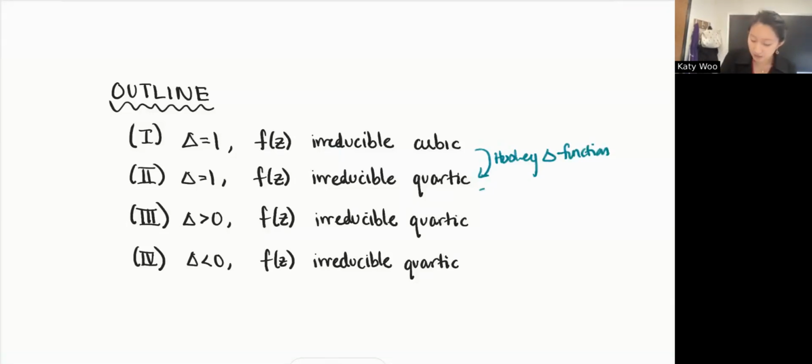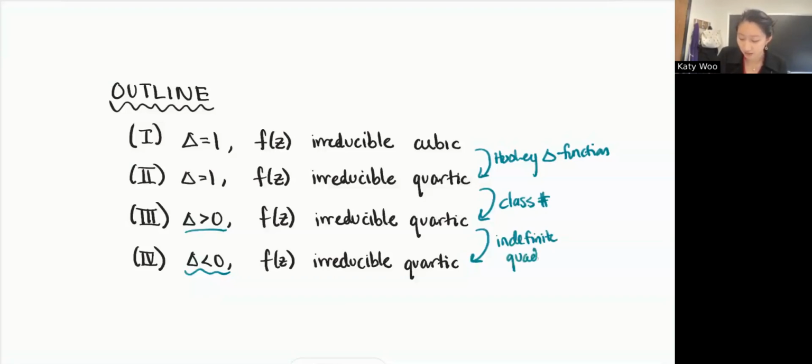And then I'll talk about some new work. So that's when delta is any positive number, so you're allowed to have any class number. And this will overcome the class number issue. And then finally, I'll touch on when delta is a negative number. This brings on extra complications because now you're looking at an indefinite quadratic form instead of a positive definite quadratic form on the left-hand side.